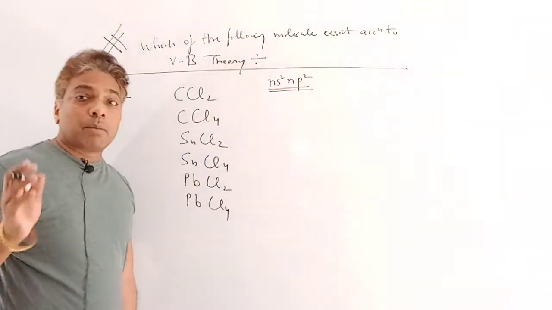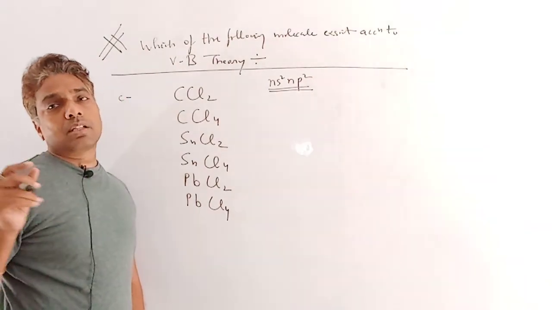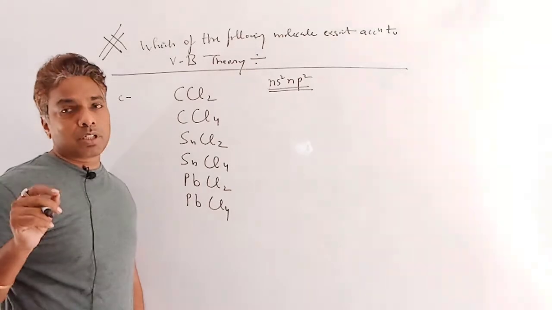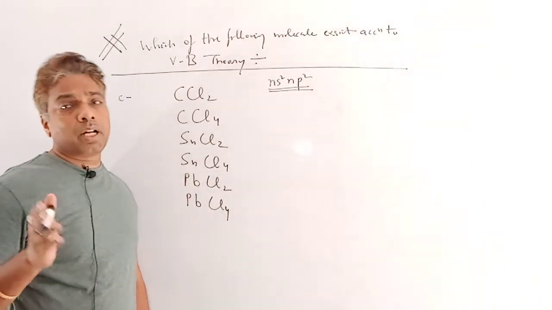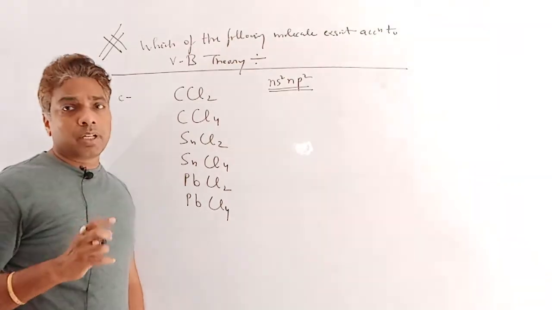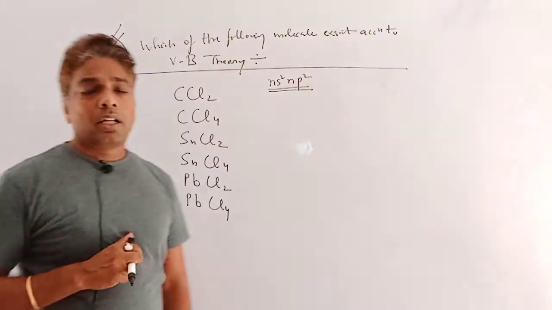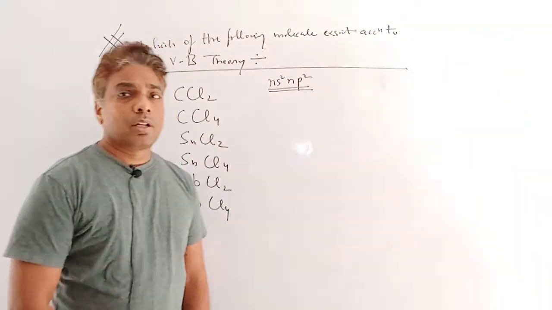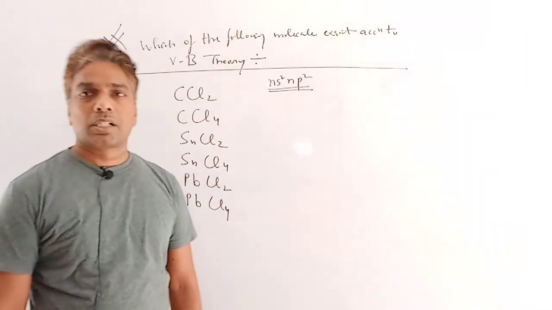Except carbon, all these atoms contain a vacant d subshell. Carbon doesn't have a vacant d subshell due to being a second period element, and if the element is second period, then the principal quantum number should be 2, and the possibilities of azimuthal quantum number are 0 and 1.